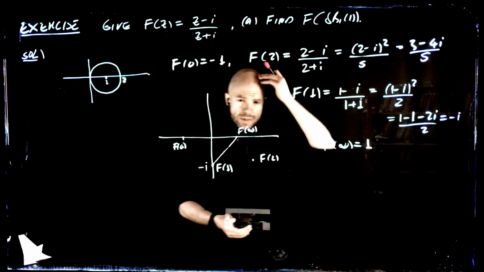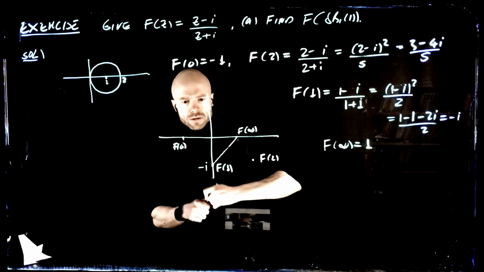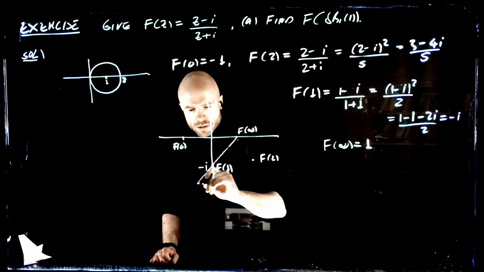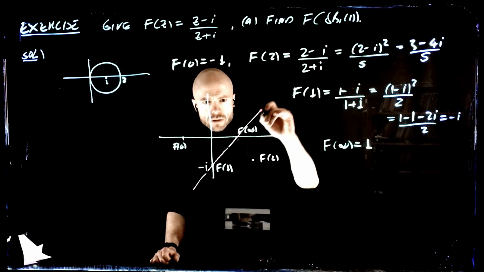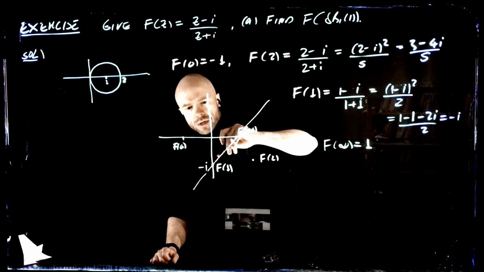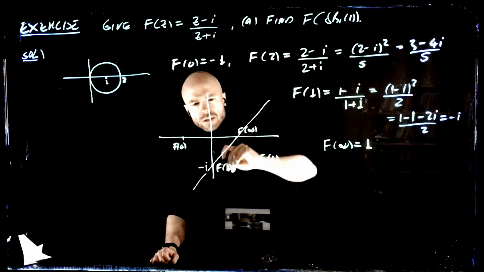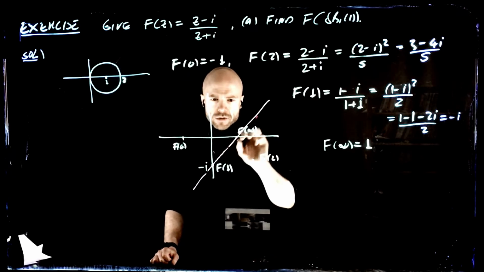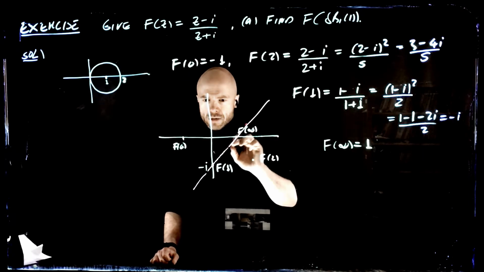So if it's symmetrical with respect to the circle, that means the circle is going to have to cross this perpendicularly. So the center of the circle is going to have to be somewhere on this line here.